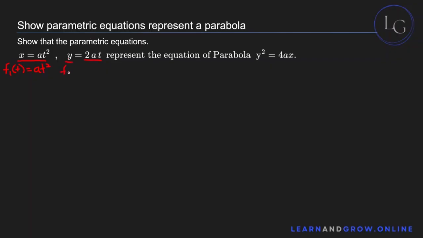So f2 of t is equal to 2at, right? And it represents the equation of a parabola, which is basically y squared is equal to 4ax. We need to show that these two parametric equations of x and y are equal to the equation of the parabola, right? So let me just rub this off for now.